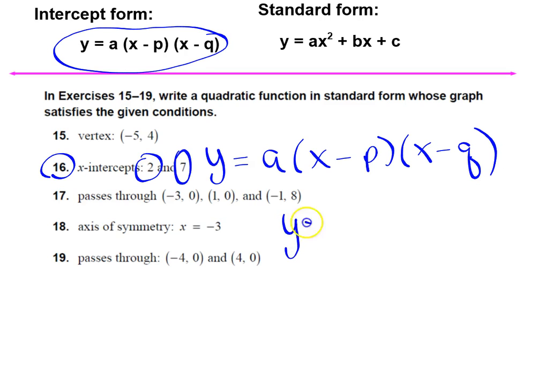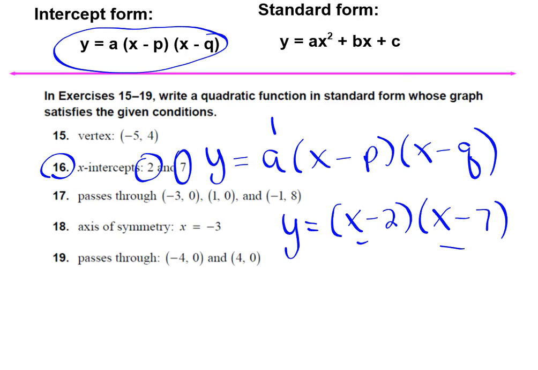That's where it hits the axis. I'm going to choose 1 for my a to make it easier. So I'm going to do x minus 2 times x minus 7. Wouldn't that give us positive 2 and positive 7 for our x-intercepts?